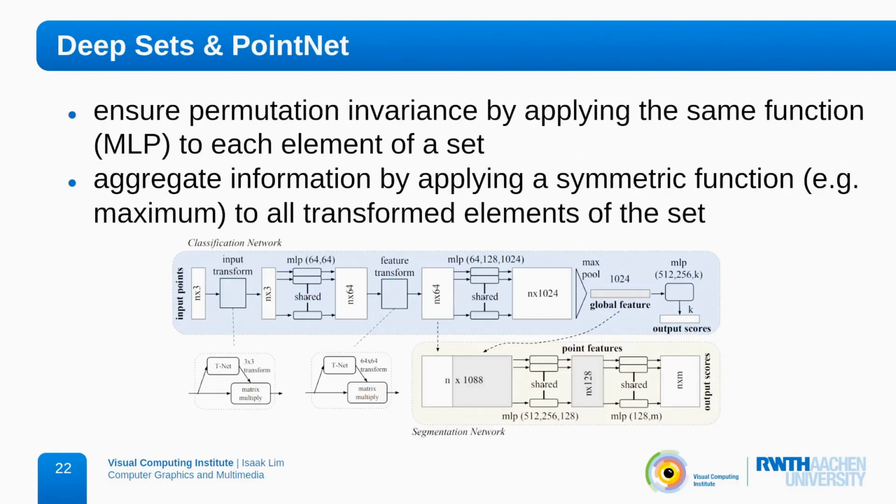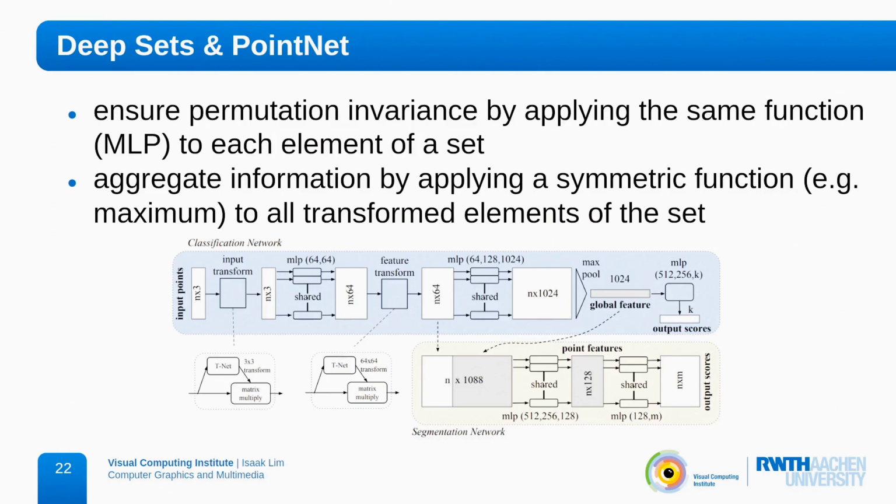Now, the difficulty is, of course, that point clouds are unordered sets. And as I've mentioned in the very beginning, we want to be able to extract patterns that generalize well to unseen data. So in order to ensure that we are permutation invariant, two approaches have been proposed in parallel, but they follow the same idea.